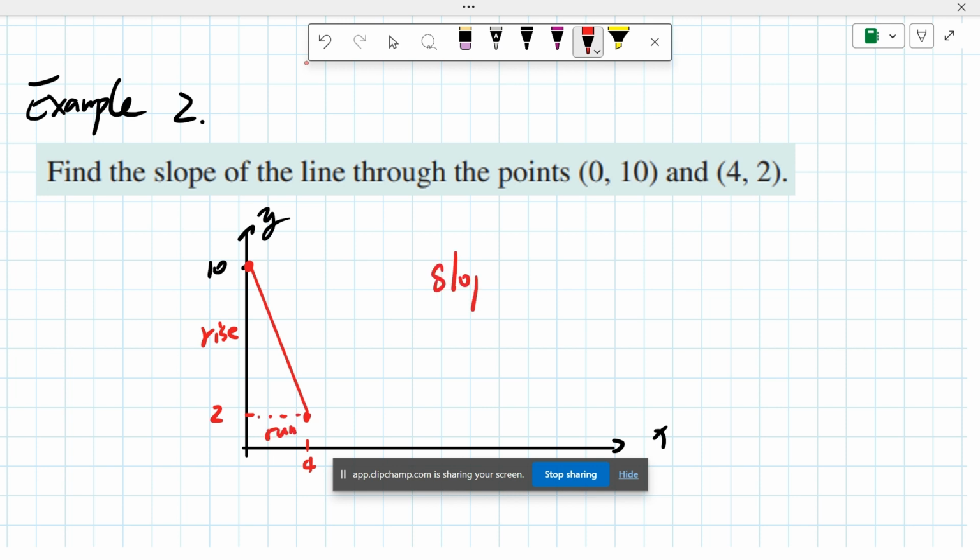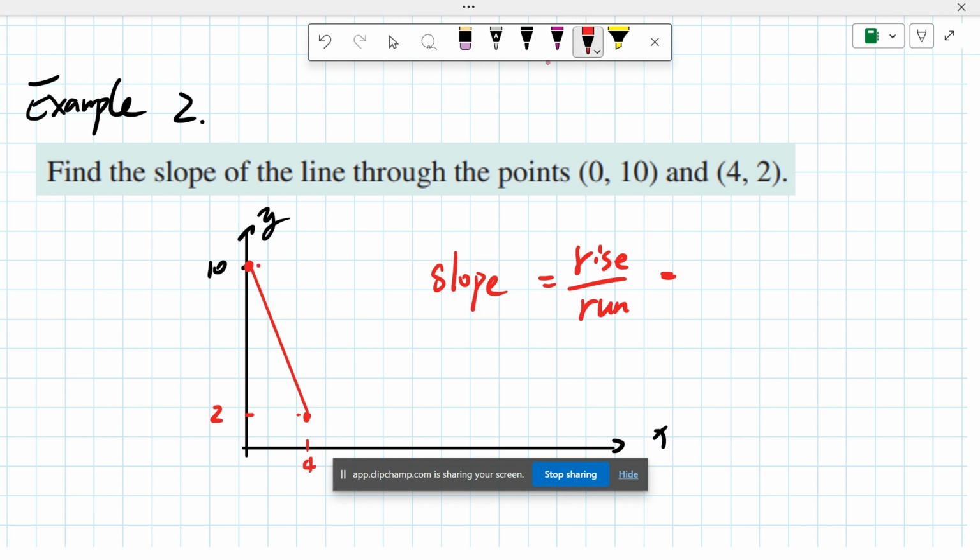So the slope equals rise over run. That goes from 10 to 2. We always start from the first point, so we start from 10 to 2. Because the line is not going up anymore, we change the direction to go this way.